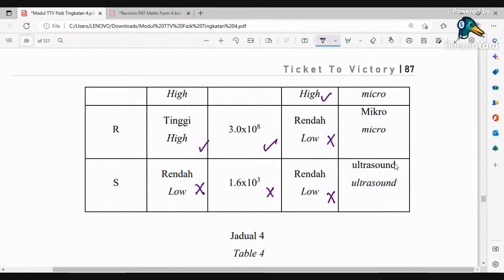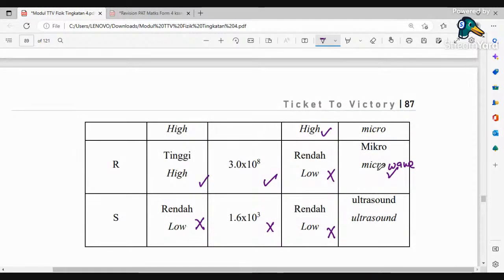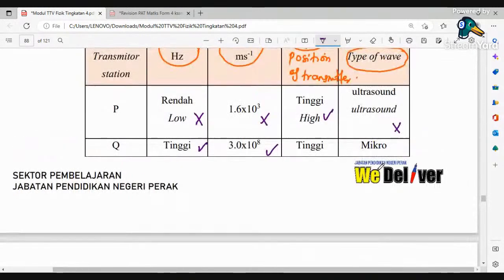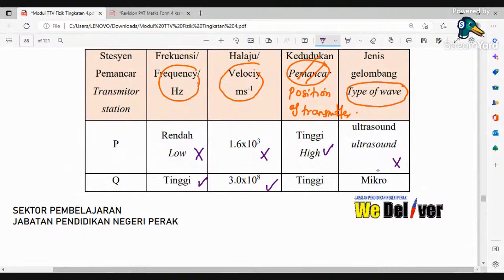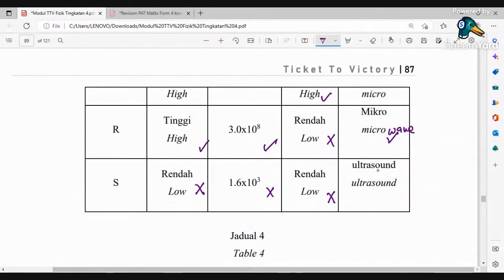Microwaves. Let's put complete microwave. Okay, microwaves.